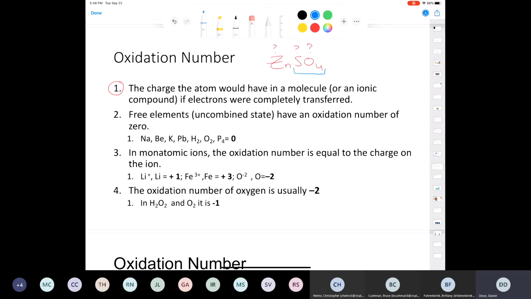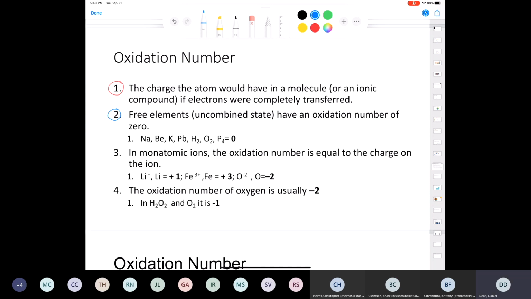What's the charge of the actual sulfur? That's what we're going to work towards with these rules. So let's move on from there. Okay, so here are the rules. Get ready, strap your skates on. The first one is free elements. If you have any element on the periodic table in its uncombined state, that means it's not in a compound.